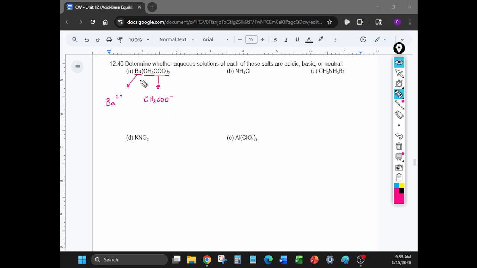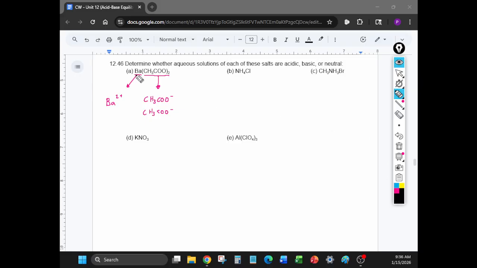You can also see that Ba is 2+. If you know that Ba forms 2+, and there are 2 acetates balancing that out, that means acetate has to be -1. So this is going to ionize like this. What we need to identify now, starting with barium, is: is this a conjugate of a strong base or a weak base?